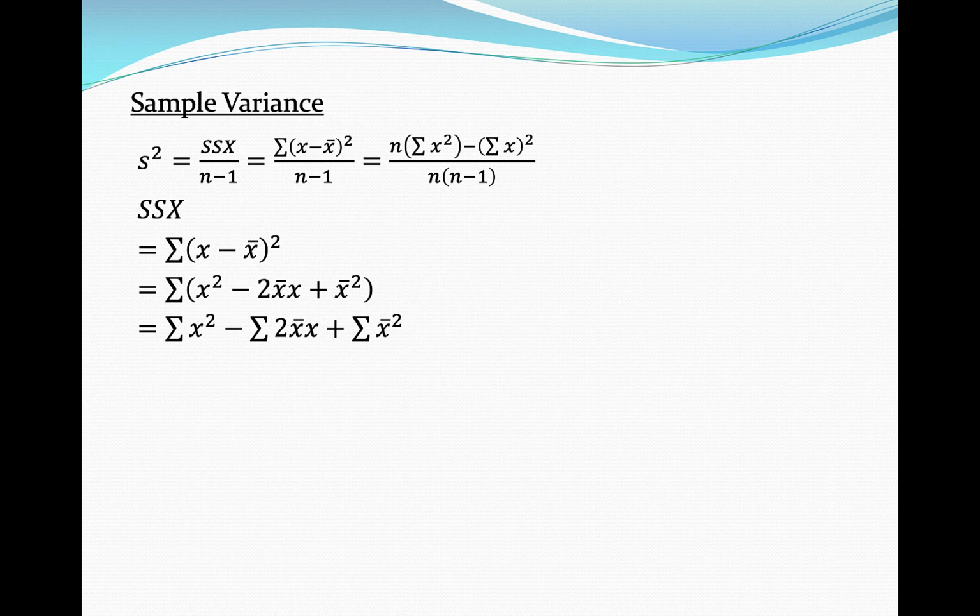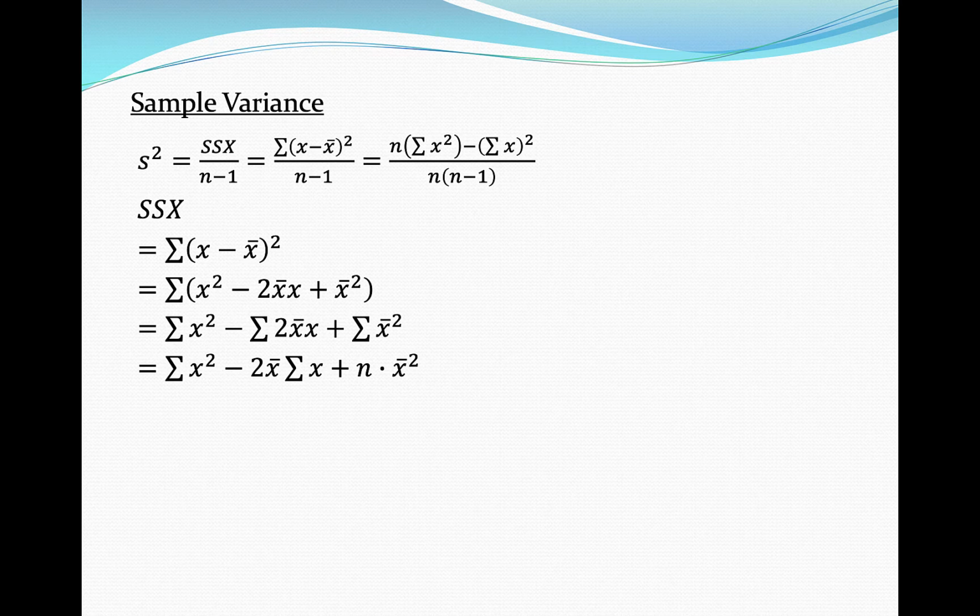Now we are ready to start dealing with our constants. The first term doesn't have any constants in it, so it's just going to stay the sum of x squared. In the second term, 2 is a constant, but here's the other thing you have to realize in these kinds of problems: once you calculate x bar and use it to calculate the variance, x bar becomes a constant because you've already calculated it. So x bar is the sample mean, and it becomes a constant.